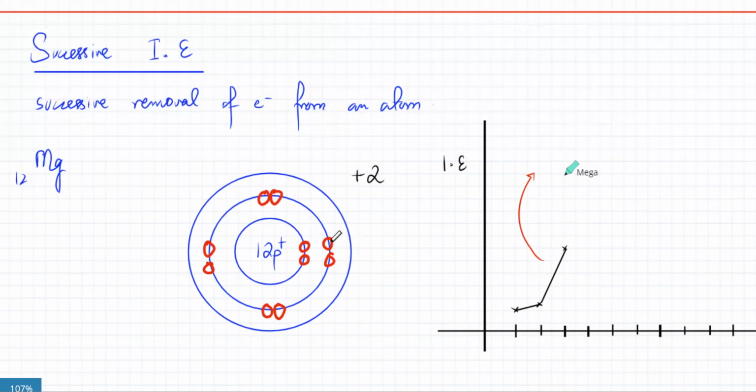So if you're trying to pull this electron out, it's going to be more difficult. Your distance and shielding both decrease, and this jump indicates that the shell changes.